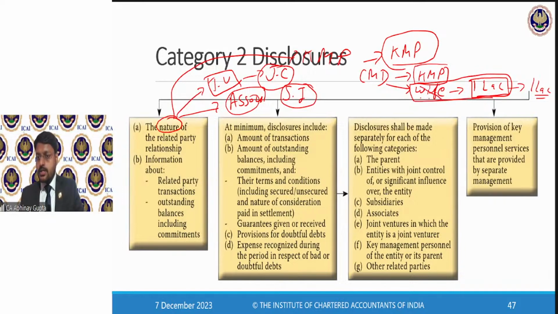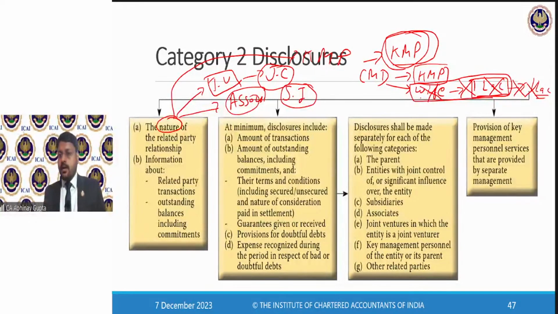So if there are no transactions, then I don't need to disclose names of all the close family members of all my KMPs or all the associates too, right? These disclosures become applicable only if there are transactions. Getting my point? So category 2 disclosures become applicable only if there are transactions.